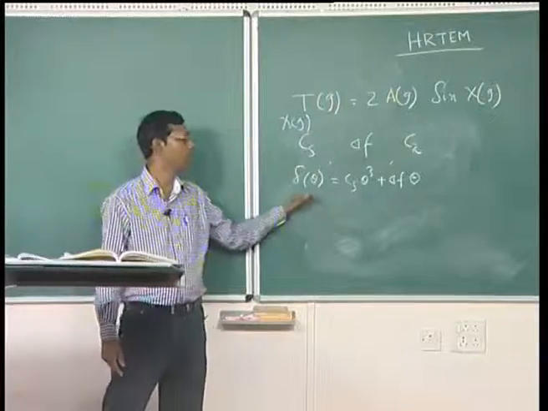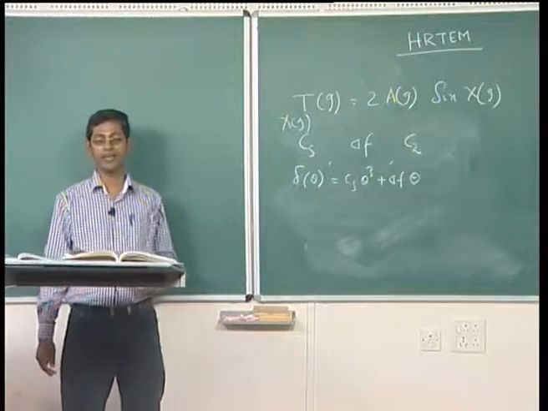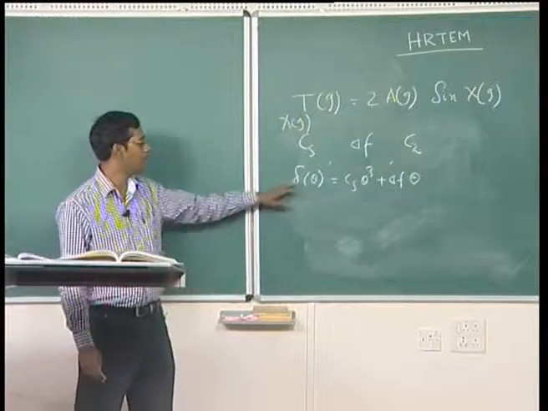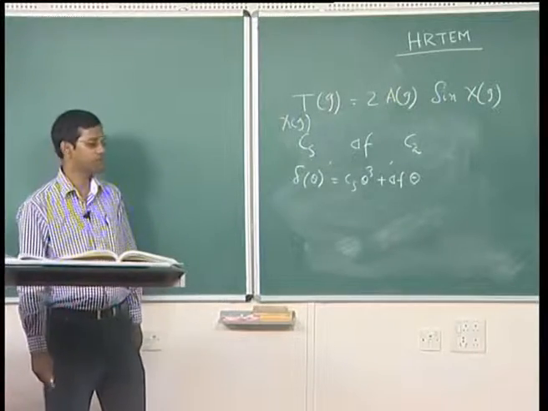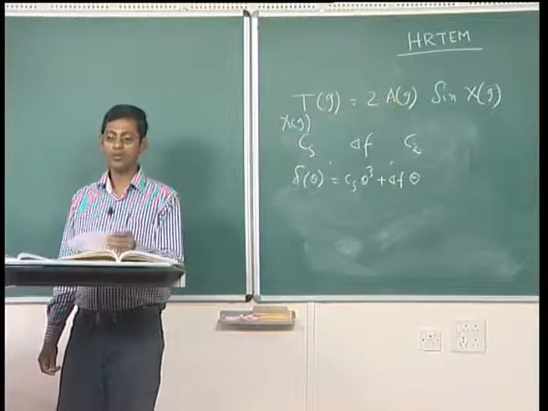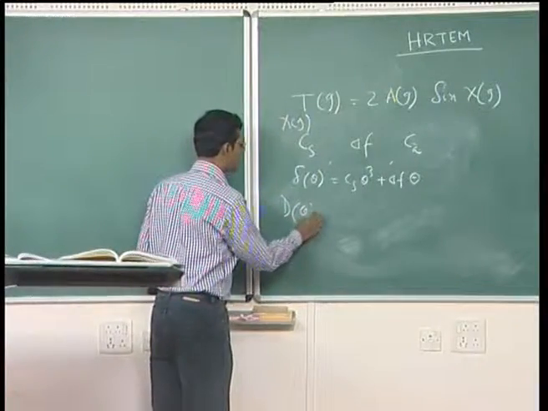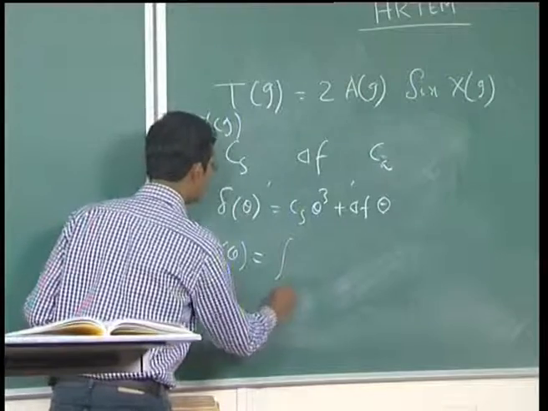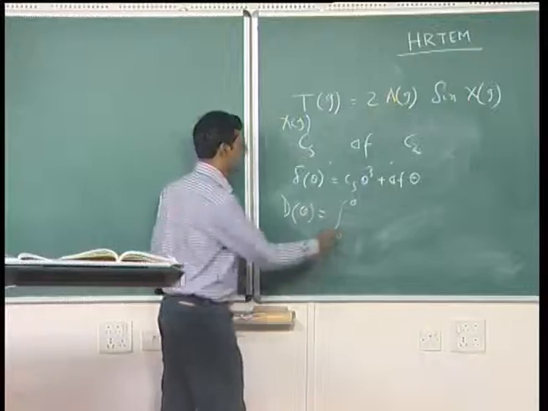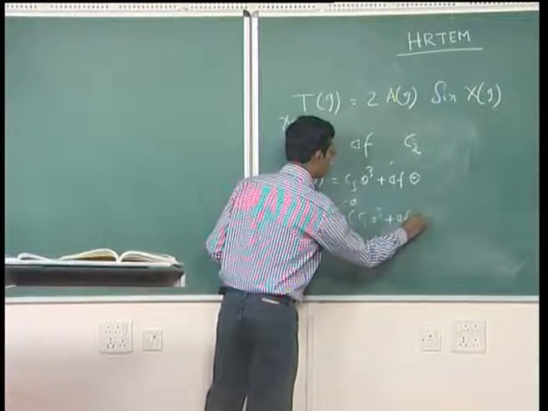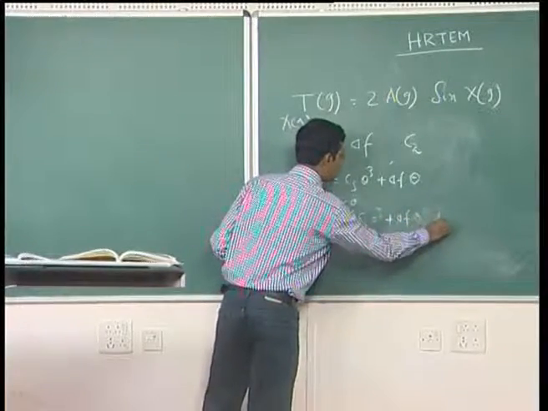Theta is nothing but the diffraction angle. So, we need to consider all the diffraction angles, and average this value as a function of the diffraction angle, which can be done by simply integrating this equation from 0 to theta, Cs theta cubed plus delta f theta d theta.